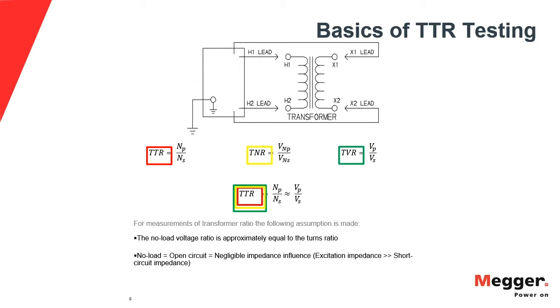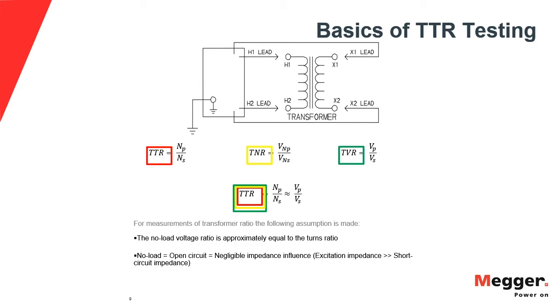So now we need to think again, what is the condition in which we run the test? When we run the test, we have the transformer isolated, we don't have any load connected to it. In other words, we're performing TTR under an open circuit condition. Our secondary side is open, with no load connected to it.